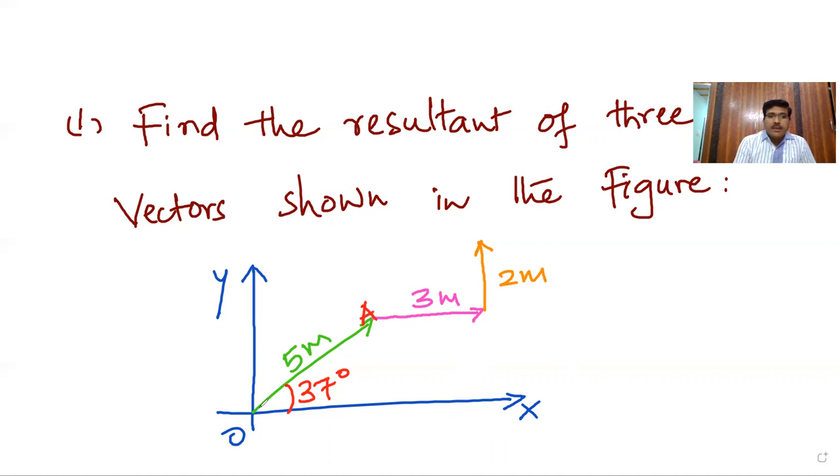OA is one vector, AB is another vector, BC is another vector. The first vector OA is making 37 degrees with the x-axis. The second vector AB is parallel to the x-axis. The third vector BC is parallel to the y-axis. They have magnitudes 5 meters, 3 meters, and 2 meters. Is it clear? Now, let us solve this problem.